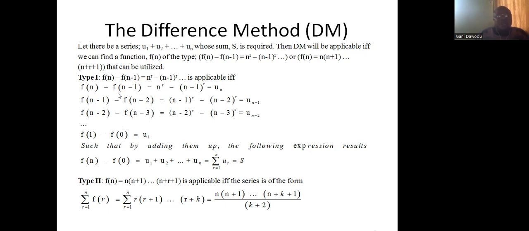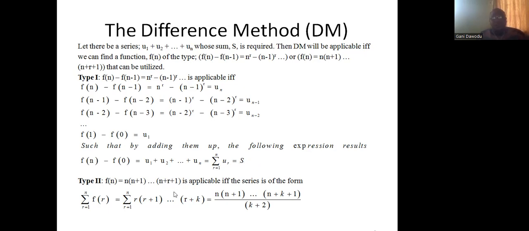F of n minus 1 will cancel f of n minus 1. F of n minus 2 will cancel f of n minus 2. They will eliminate each other, leaving, for instance, f of n and f of 0. At most times, f of 0 will be 0. And meanwhile, this will be summing from u1 to un. So this is what will result. Most times this will be 0. And by the time you come this far, you will have gotten your sum of the series.